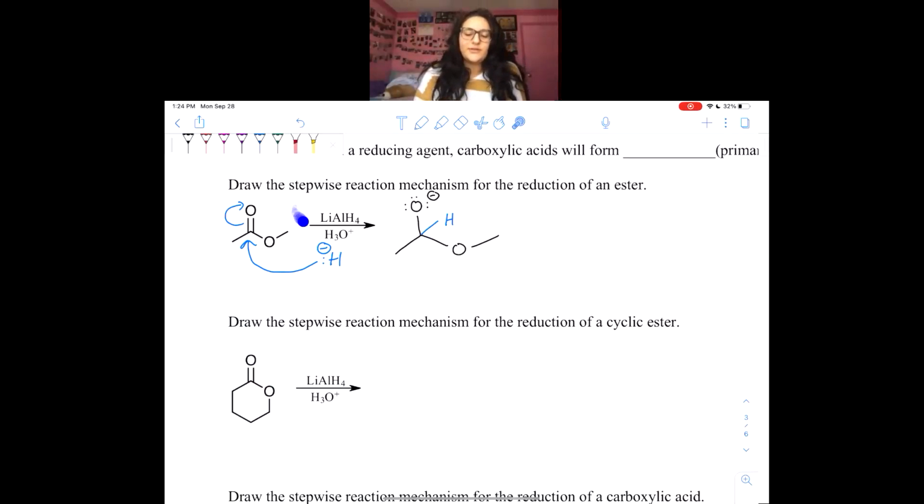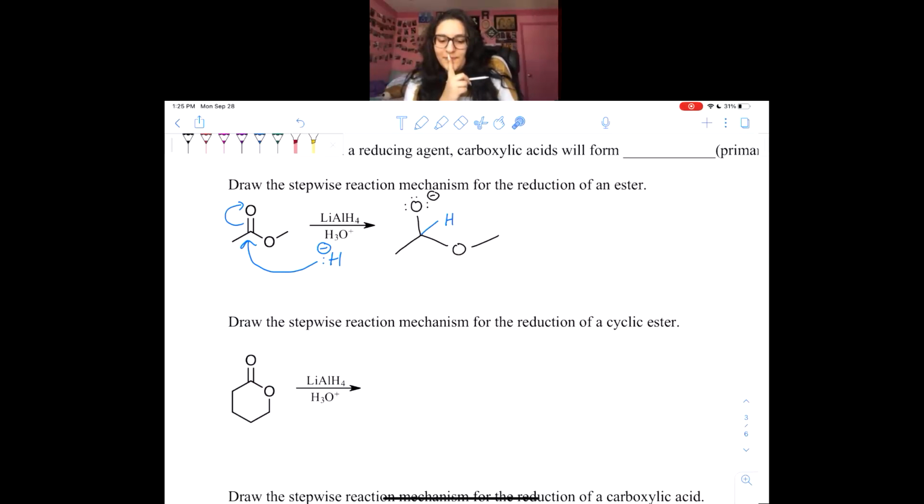So the reason we're using LiAlH4 now is because of electronic and steric effects. This is going to be much less reactive than our ketone or aldehyde. So because of that, we have to use a stronger reducing agent in order to make our reaction proceed. And then, did someone have a question or a comment?